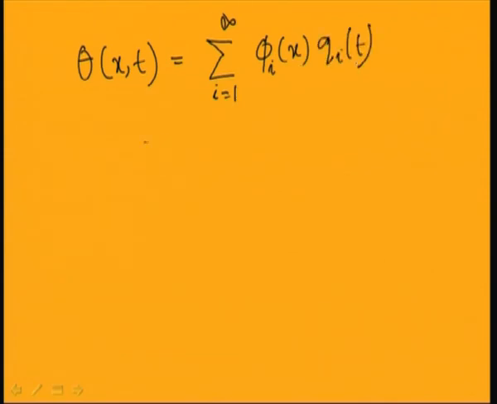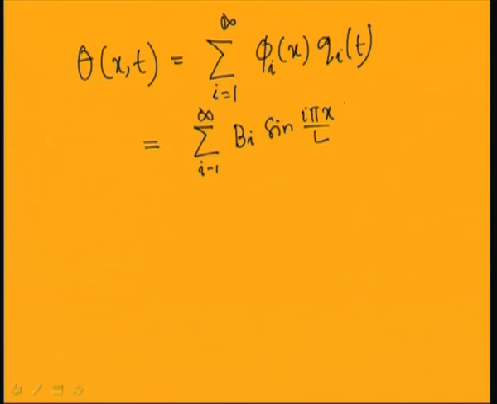Here, I already got phi i of x equal to b i sin(i pi x by L). So, for the ith mode I can write b i sin(i pi x by L).